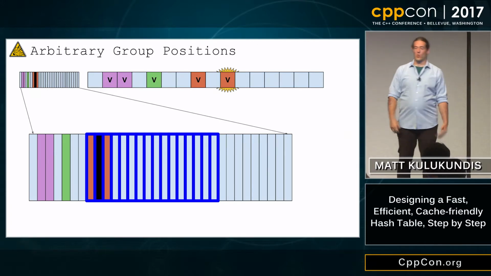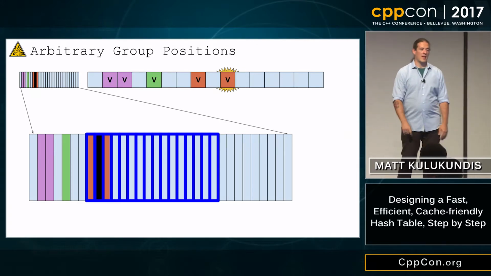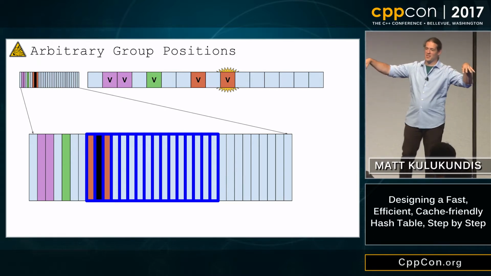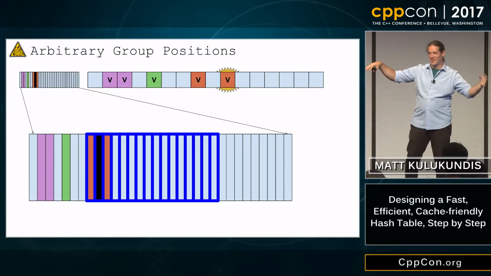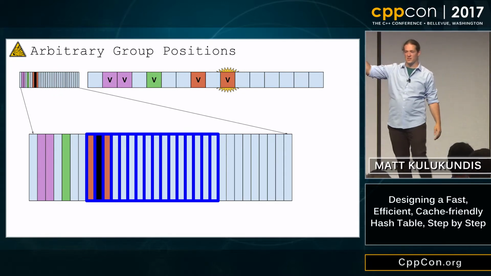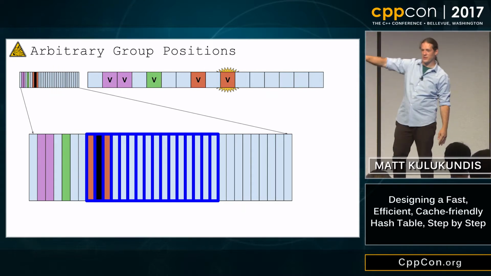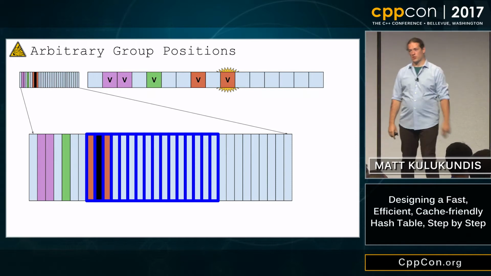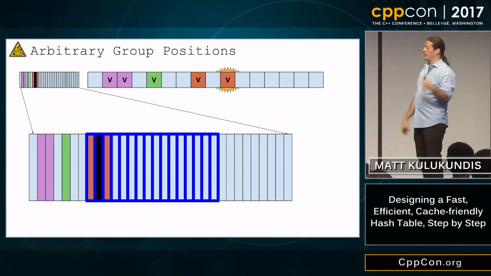What does it require? What's the con for this? Now I need to have 16 elements at the end of my metadata that are the same as the 16 elements at the beginning of my metadata. I have to set those things in both places so that if I land in the second to last spot, I can scan 16 elements forward. So now insert requires us to write 2 control bytes in some cases.